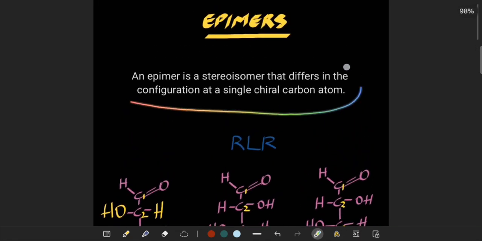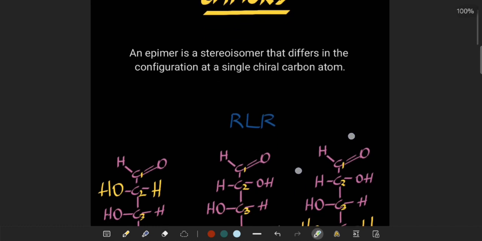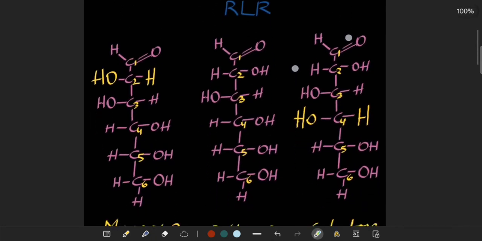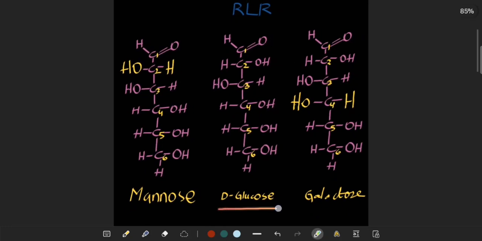An epimer is a molecule that has the same structure, same chemical formula, but differs at only one chiral carbon, a single chiral carbon. So I took an example of glucose, and the epimers of glucose are mannose and galactose as well.